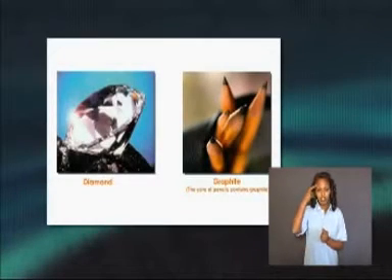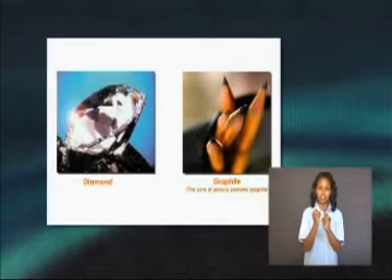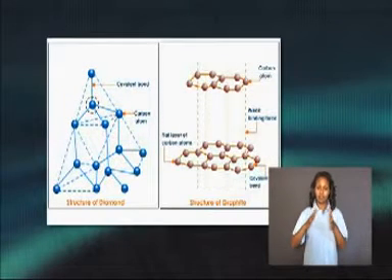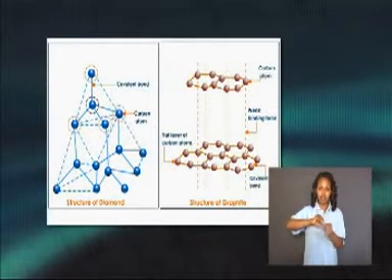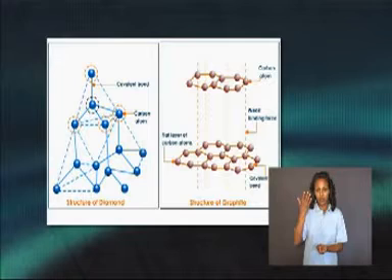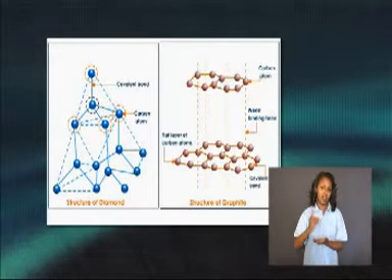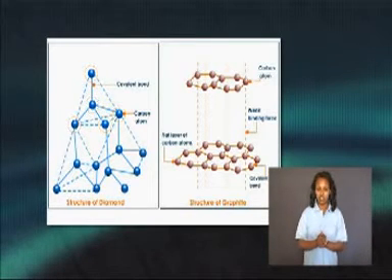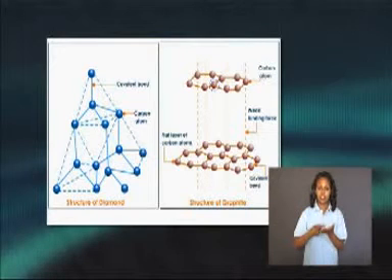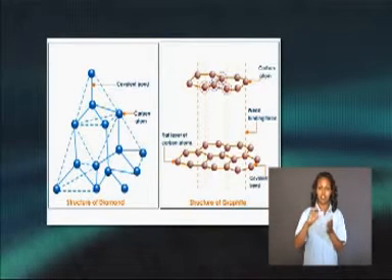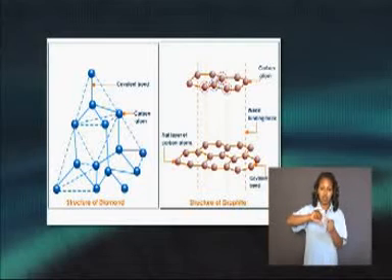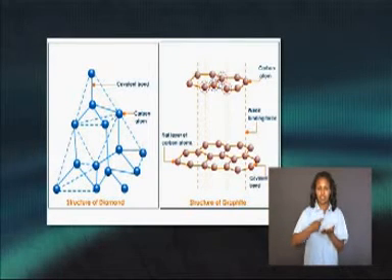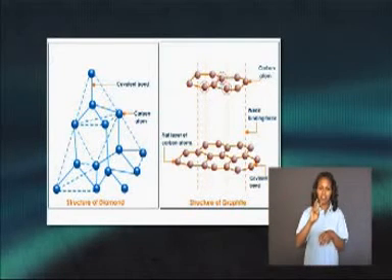Because of the tightness of the bonds between its atoms, we know that diamond is an insulator. Because of the looseness of the bonds between its atoms, we know that graphite is a conductor.